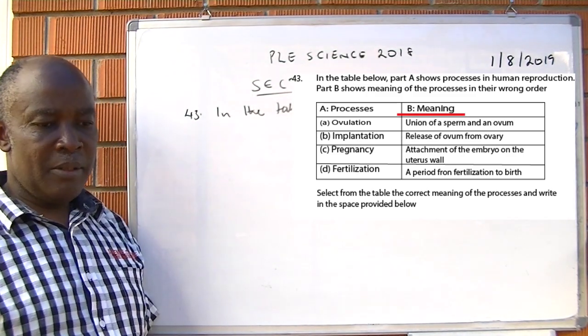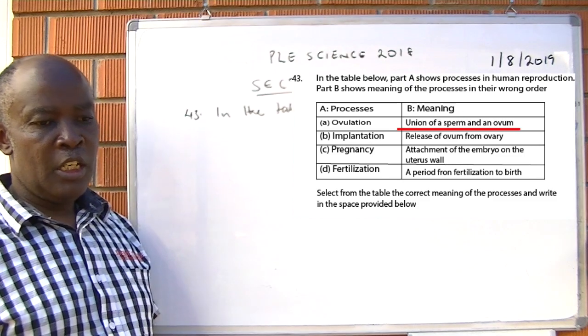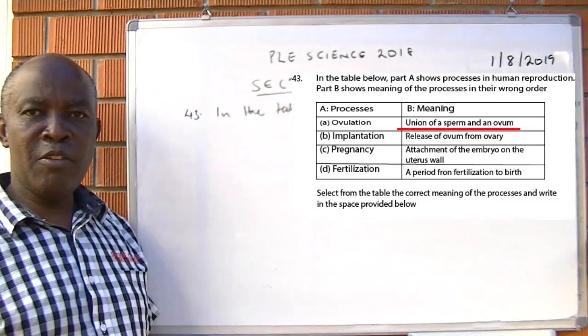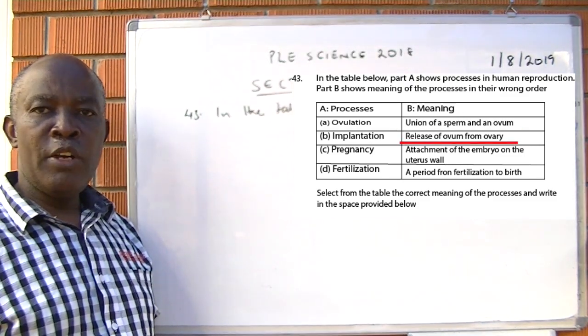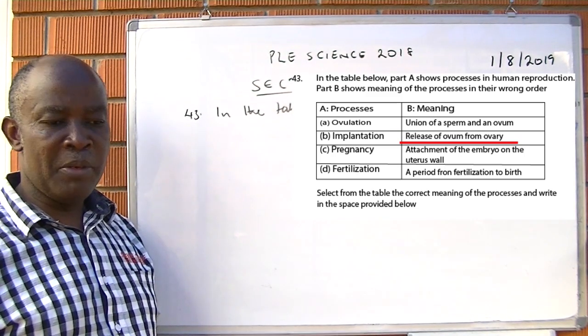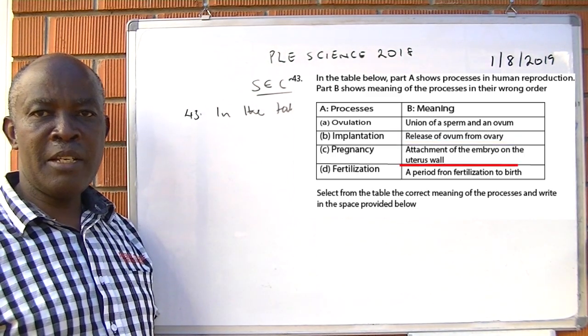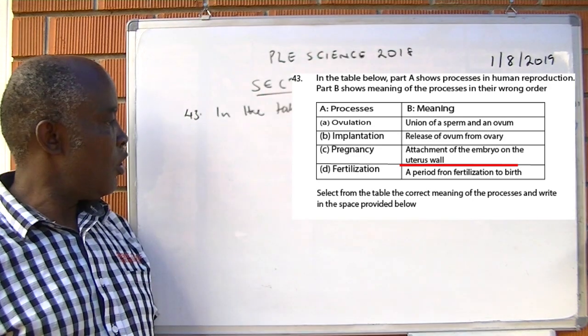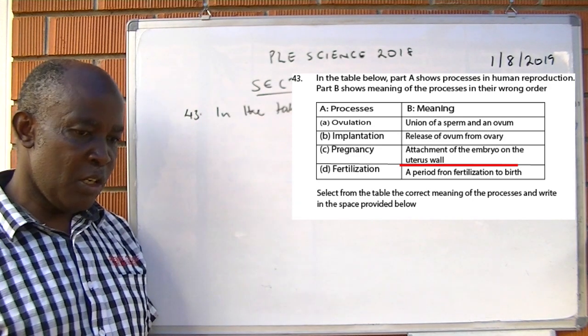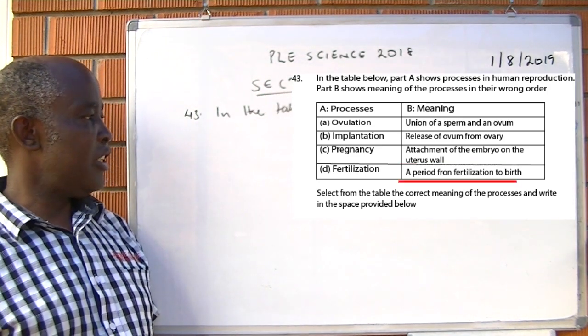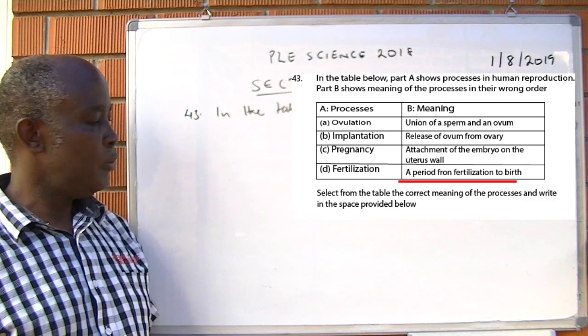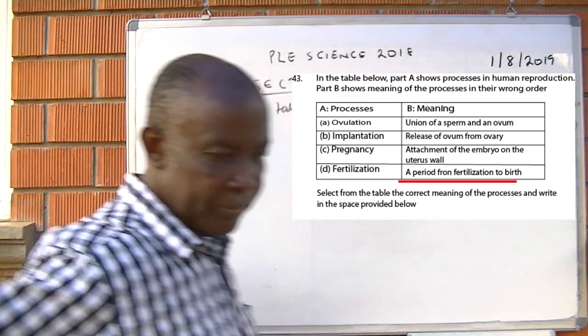Part B, meaning: union of sperms and ovum, release of ovum from the ovary, attachment of the embryo on uterus wall, period from fertilization to birth.